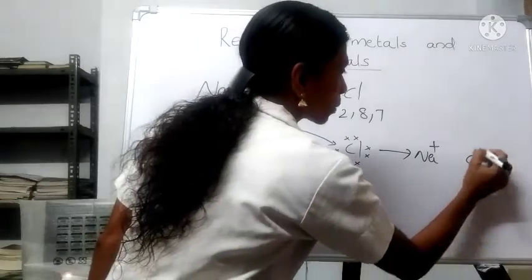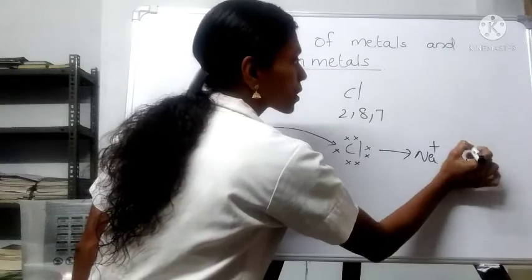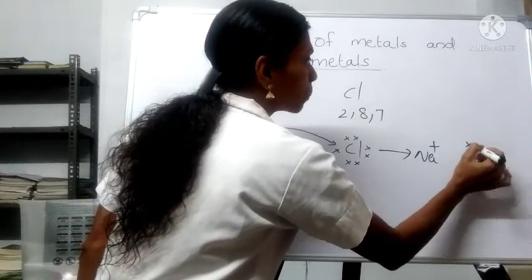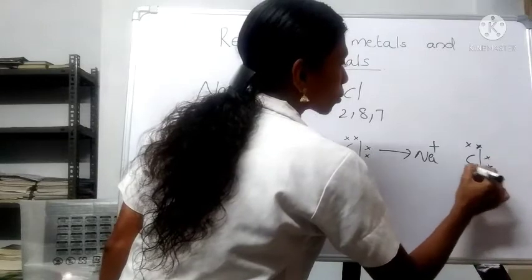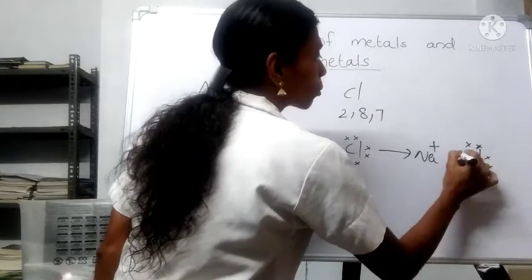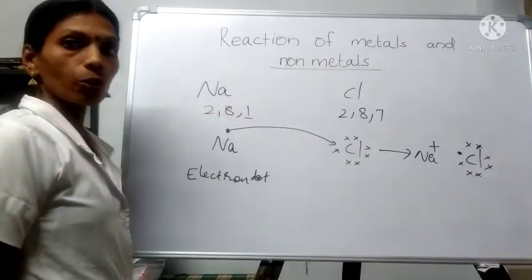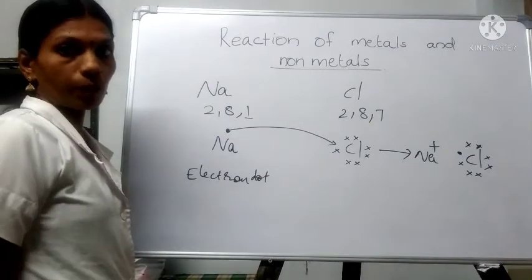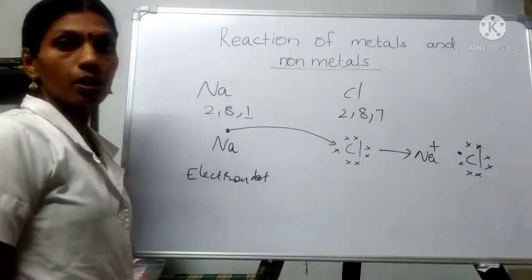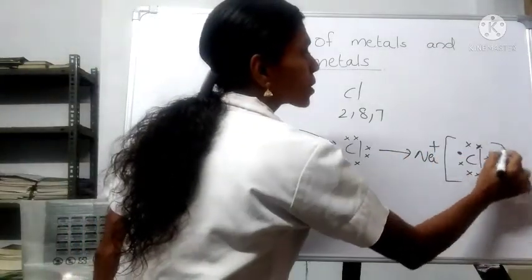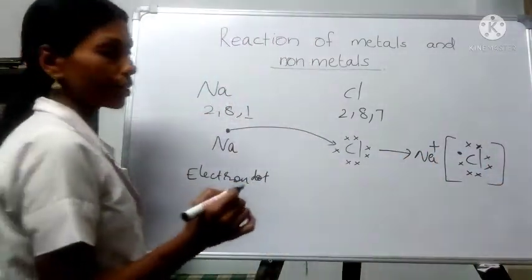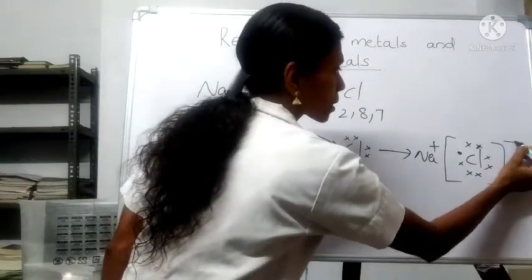Now we can write the symbol of chlorine, and it already contains 7 electrons, its own electrons, isn't it? 7 electrons plus 1 electron it got from the sodium. So it is getting 8 electrons. As a result, it can attain stability. Okay. Now, since it is gaining 1 electron, it is getting 1 negative charge, that we can represent like this.